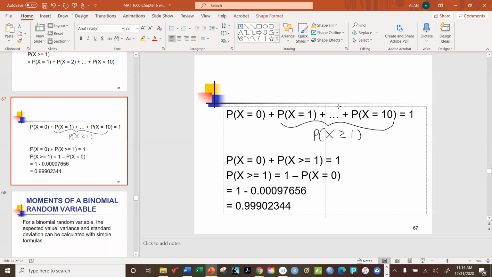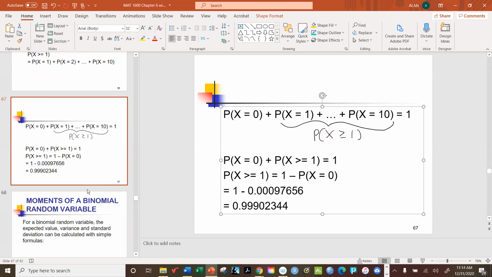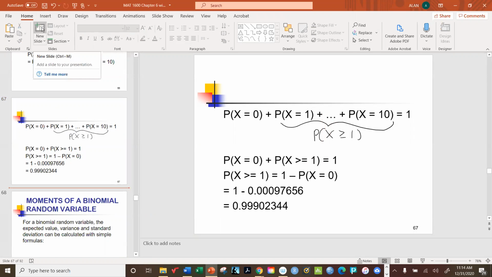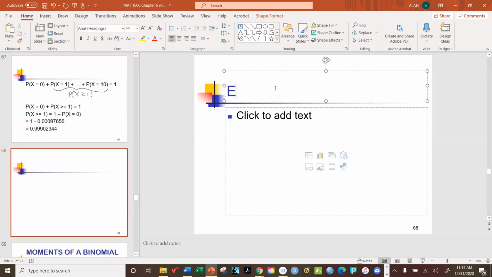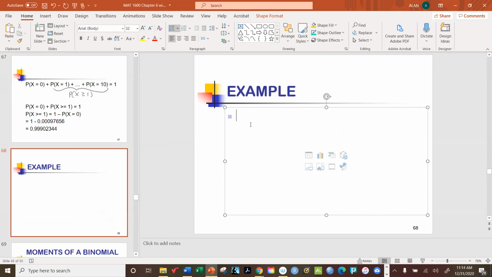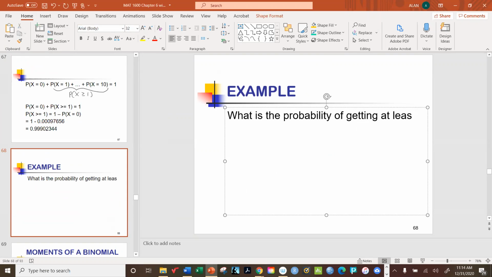Now this can be extended very quickly and easily. Watch this one. Example. Suppose instead I said, how about, what is the probability of getting at least 4 heads?